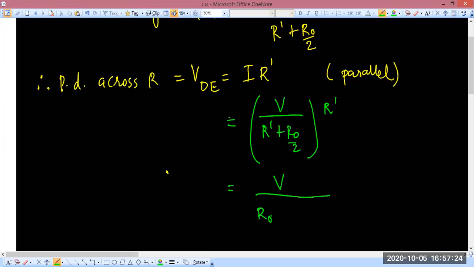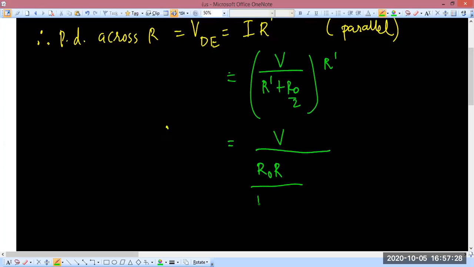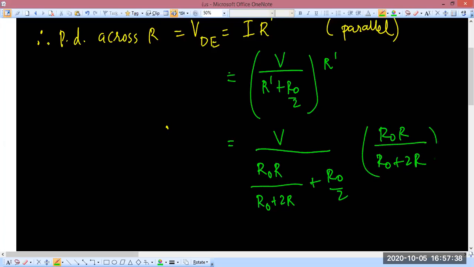It is R0 into R upon R0 plus 2R plus R0 by 2, and here also I'm going to write R0 into R upon R0 plus 2R. Clear all of this? Now it's math, take the LCM and the answer will come.